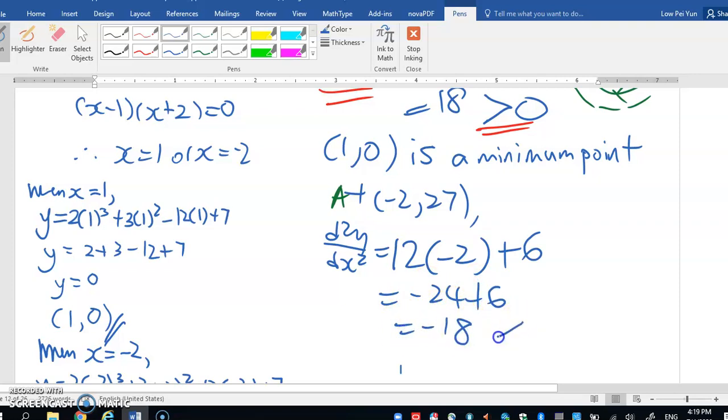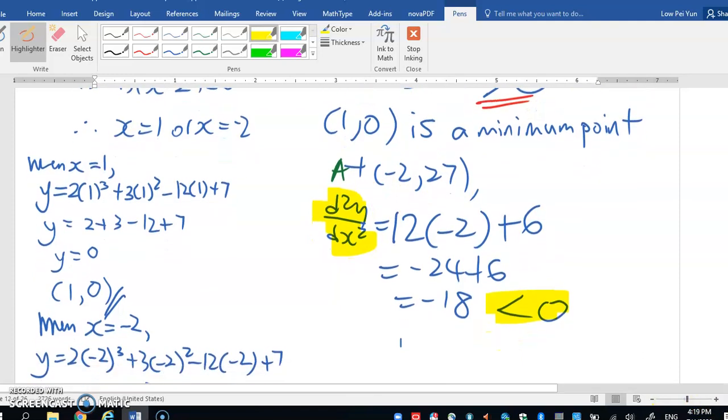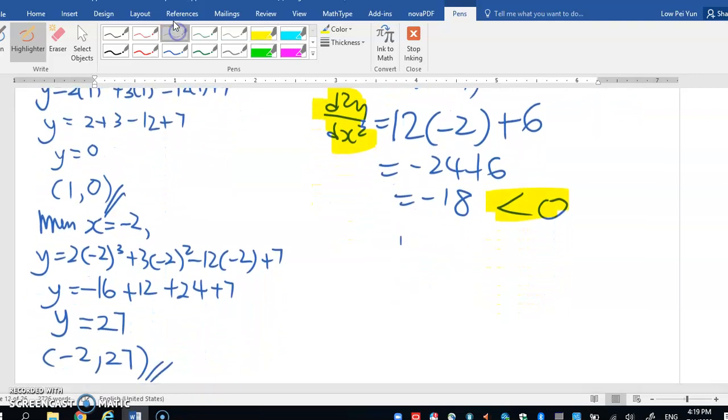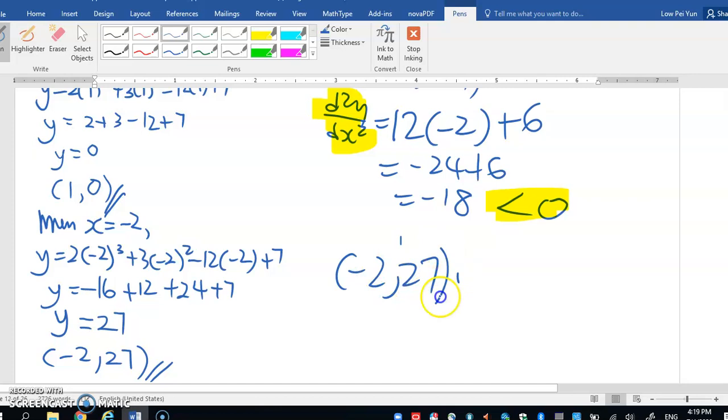And this is less than 0. You have to state that this is less than 0. And therefore, you have made a conclusion that d2y/dx squared is negative, less than 0. I can conclude that (negative 2, 27) is a maximum point.